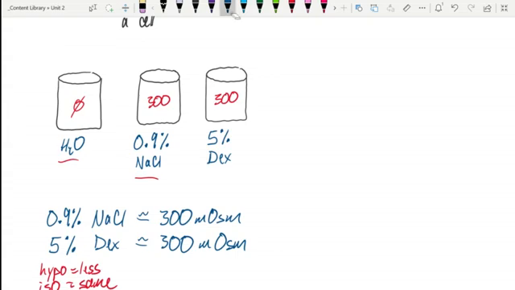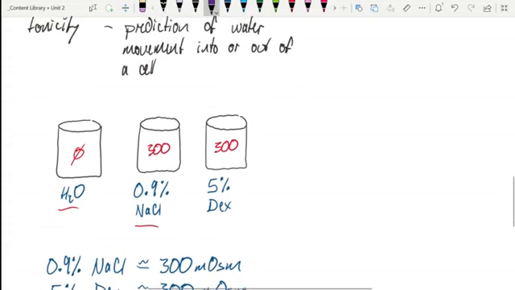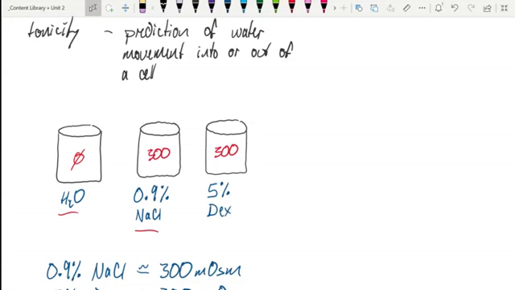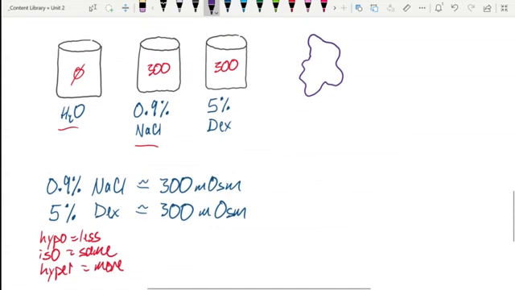Tonicity, though, is just a little bit different. For tonicity, I have to predict what's going to happen to a cell. So let's have a cell sitting right here. For tonicity, another rule. The cell, we're going to assume, is always going to be equal to 300 milliosmolar. So the same as the 0.9% saline or the 5% dextrose. We are 300 in here.